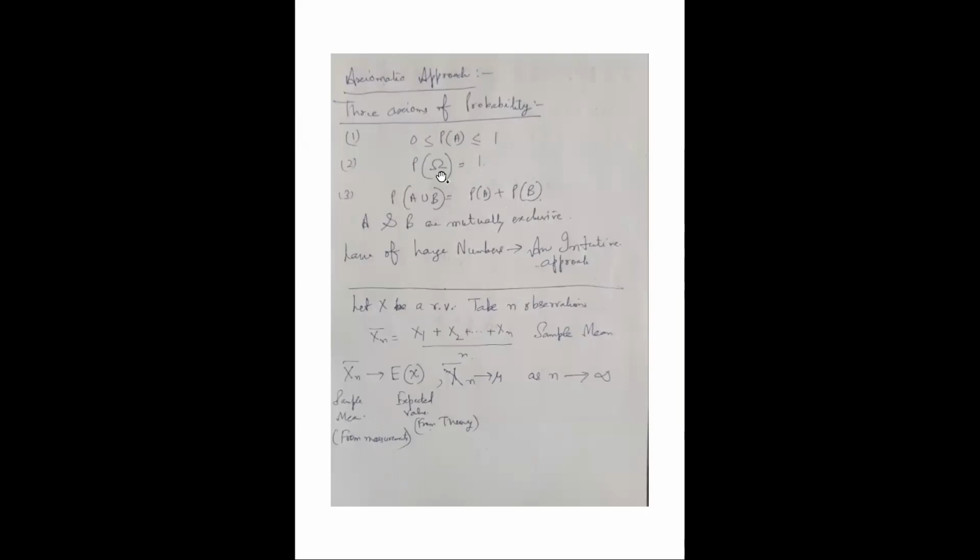If there is a complete sample space, then definitely one of the outcomes will occur, so the probability of the complete sample space is equal to 1. And the third axiom is that the probability of A or B is given by the probability of A plus the probability of B, when A and B are mutually exclusive. If you define your probability problems based on these 3 axioms, that is known as the axiomatic approach of defining probability.